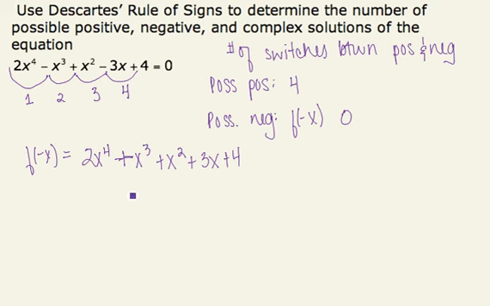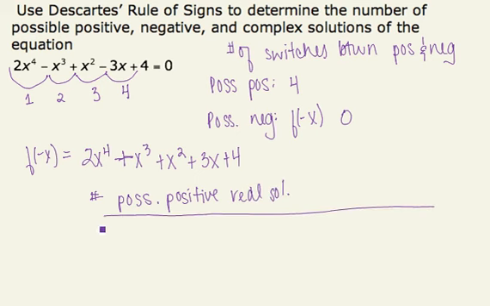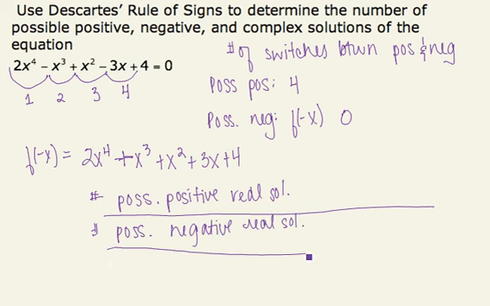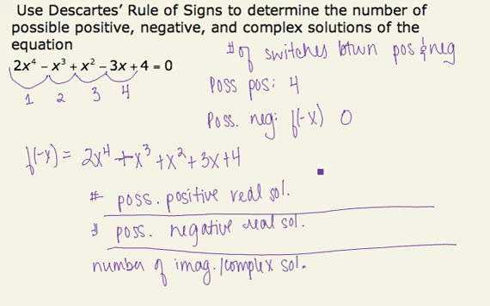Now looking at this in a little bit of a chart, we're looking at the number of possible positive real solutions, the number of possible negative real solutions, and the third one would be the number of imaginary, or sometimes called complex, solutions.